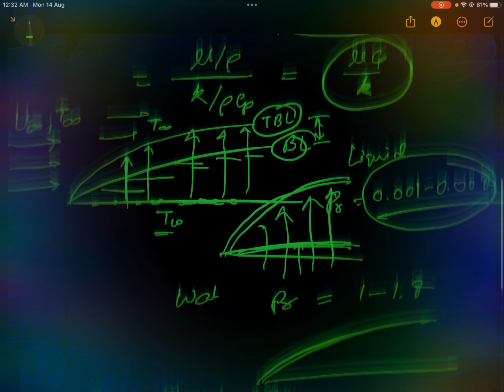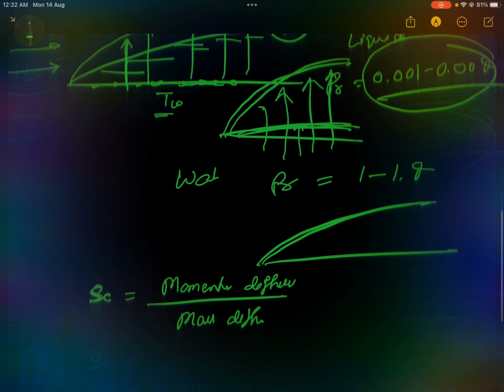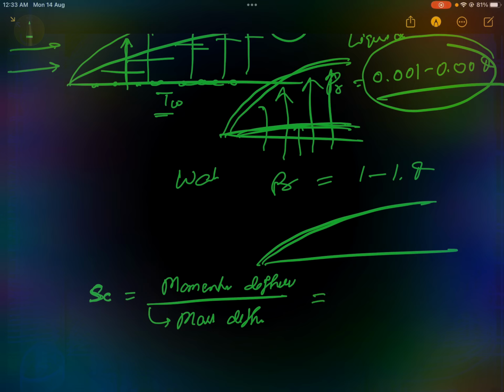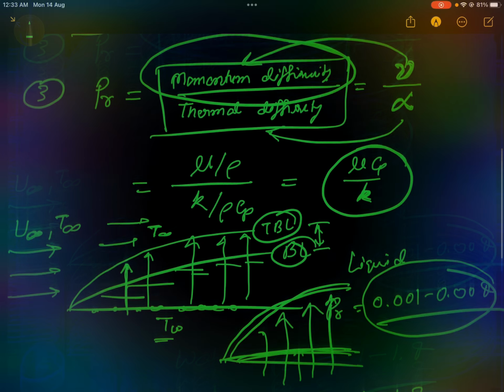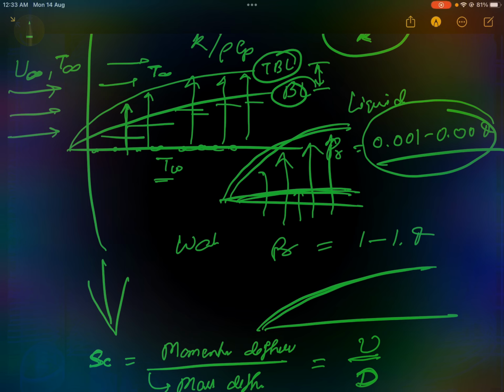The only difference is that the Prandtl number compares the momentum diffusion with the thermal diffusion, but the Schmidt number compares the momentum diffusion to the mass diffusion rate. So we can write it as kinematic viscosity to the mass diffusivity. That is the relation between the Prandtl number and the Schmidt number.